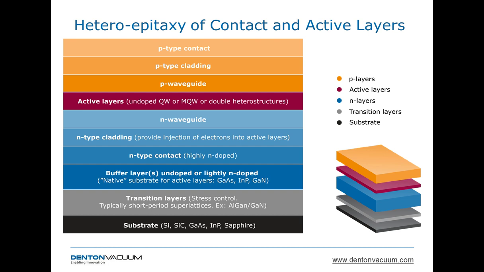So it's not just about an individual layer that you're growing, but how it relates to the entire stack, where the two defining layers are the substrate itself and the active layer. Whatever mismatch there is, you want to reduce the stress with specially designed transition layers. These are typically very complicated and highly proprietary. But in general, stress control is not due to individual layers, but more to the whole stack.